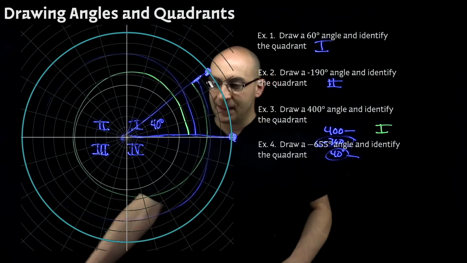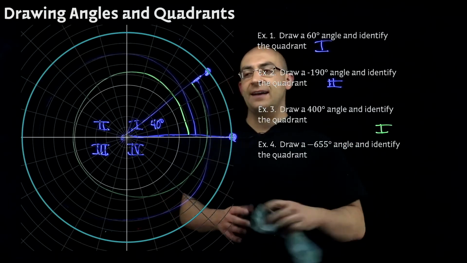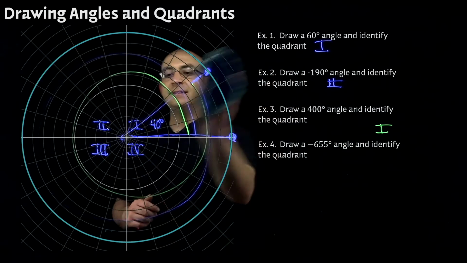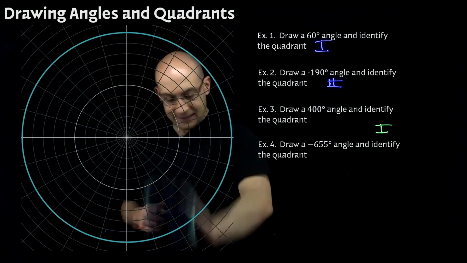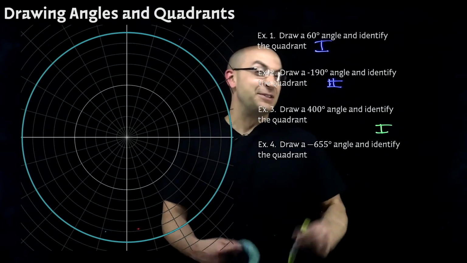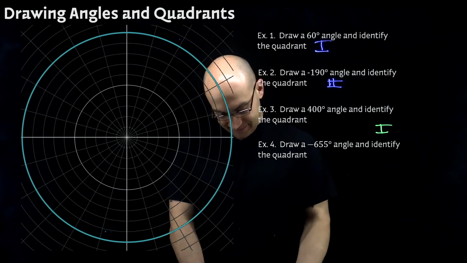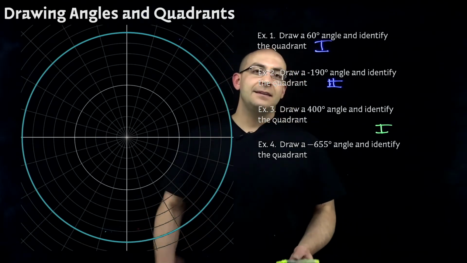One more for you. We're going to draw a negative 655 degree angle. So let's go ahead and erase all this junk. Gonna see if this works. All right, I have a negative angle.